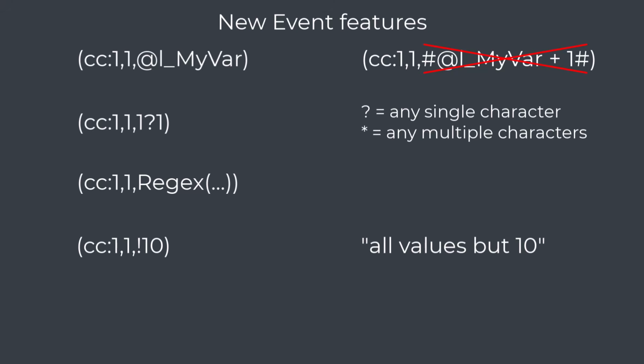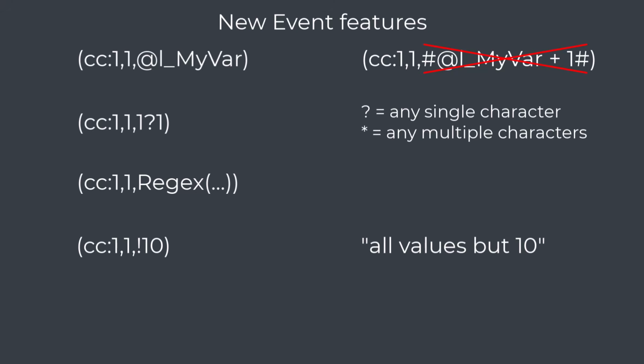So in this example, the event will trigger for all values except the value 10. The exclamation mark can be combined with any other option available for properties. So you can, for instance, negate the outcome of a variable test by prefixing the variable name with an exclamation mark.